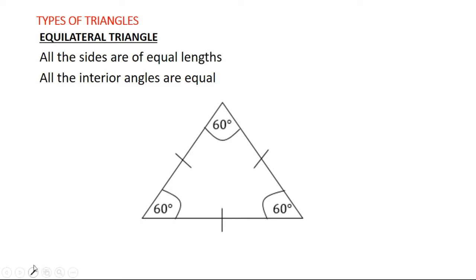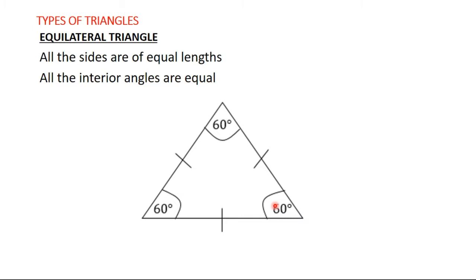We know that this is an equilateral triangle because there is this line here, and this line here, showing that the length of this side and that side and that side are equal. So for equilateral triangles, all the sides are of equal length and all the interior angles are equal. So the interior angle of an equilateral triangle is 60 degrees because 60 degrees plus 60 degrees plus 60 degrees will give us 180 degrees.